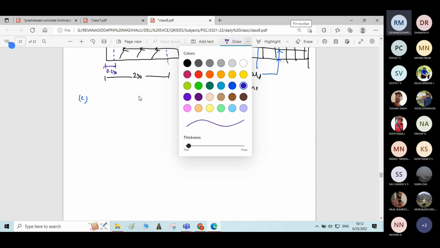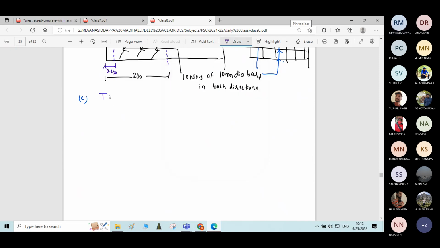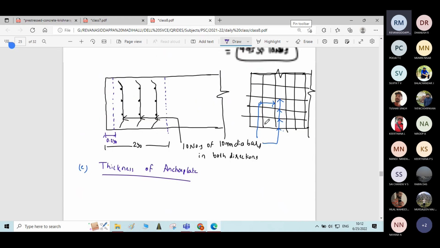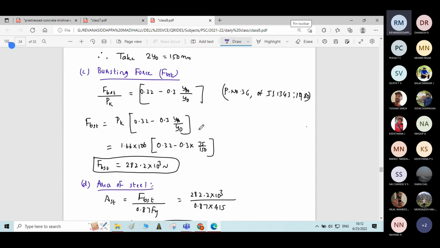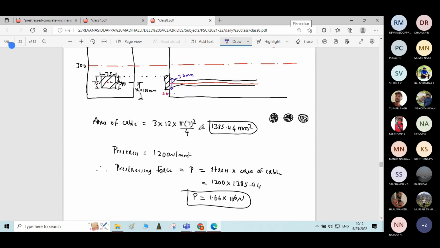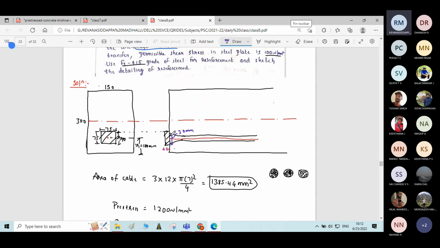This thickness of the anchor plate is determined based on the diameter of the cone. The thickness of the anchor plate depends mainly on two things: one is the punching force, and the other is the diameter of the cone, which is attached to the plate.